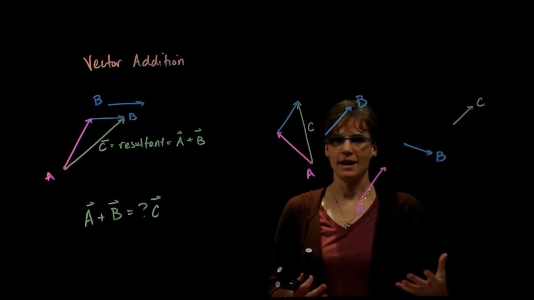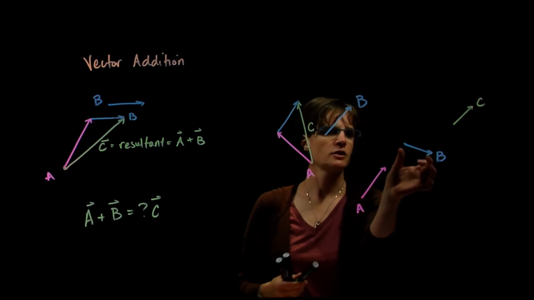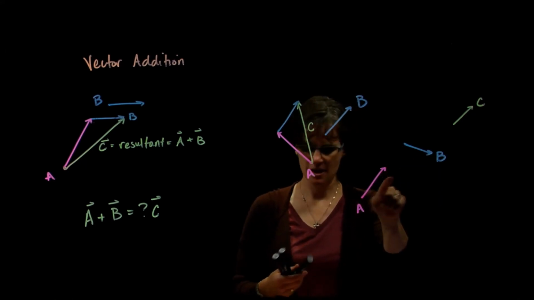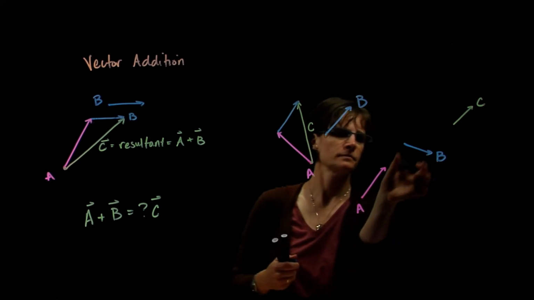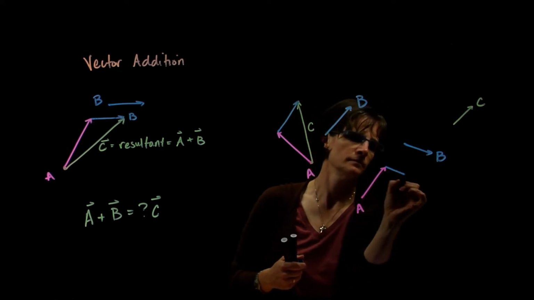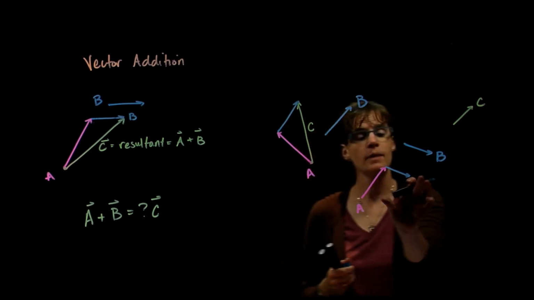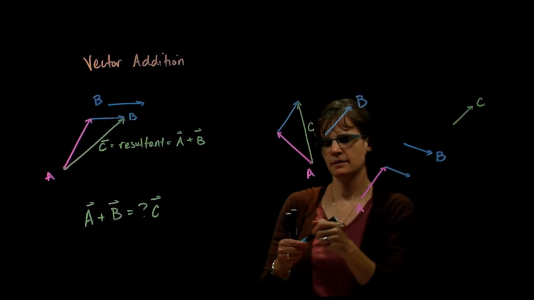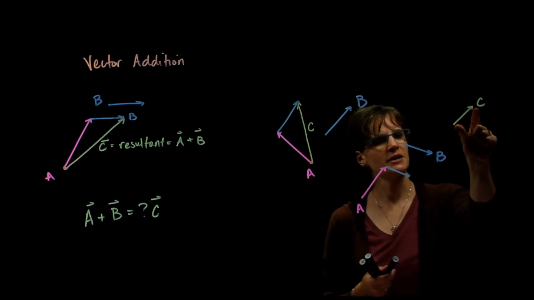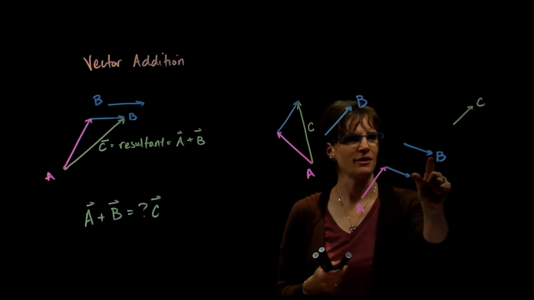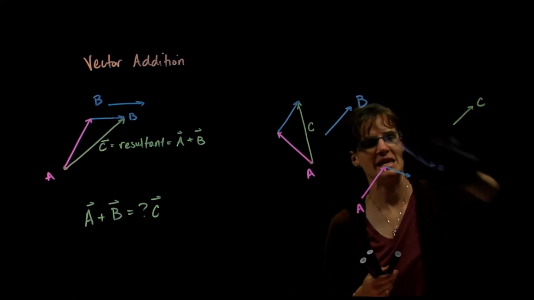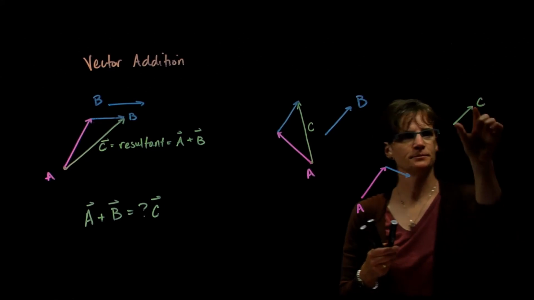Well, again, I can move them around. I take the tail of vector B and connect it to the head of vector A. Now, I could make a resultant vector and then add vector C to it, or I can just take vector C and shift the tail of vector C to the head of vector B. And I'm going to get rid of this B so that it's out of my way.